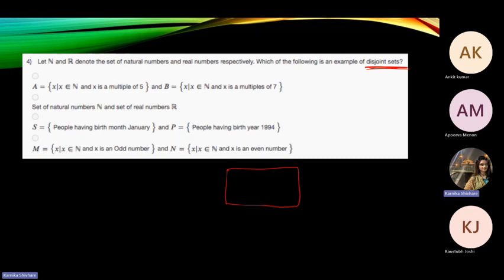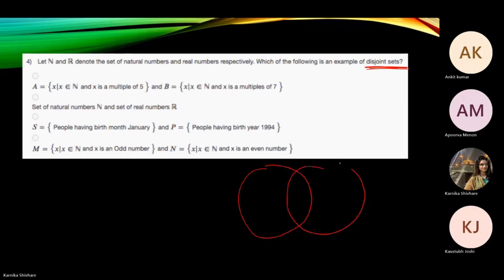So we can very clearly see in a similar manner that they will somehow have some common element, right? Which will be a multiple of both 5 and 7. For example, 35. So let me draw it like this so that we can see it very clearly. So this will have multiples of 5 and this will have multiples of 7.